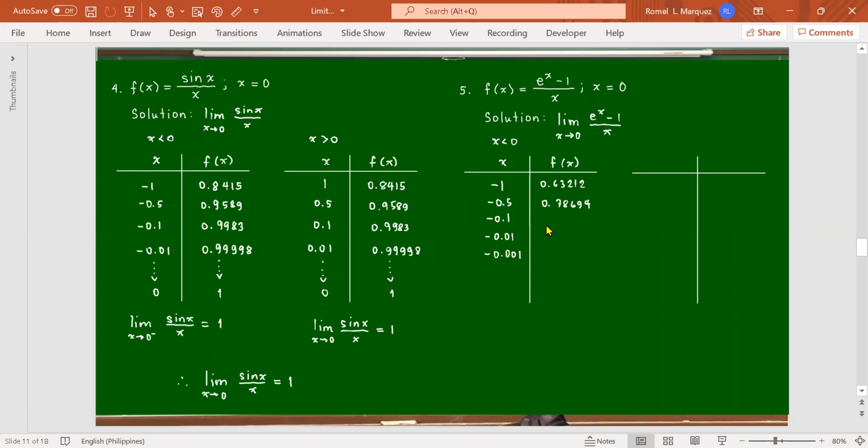When x is negative 0.1, we have 0.95163.